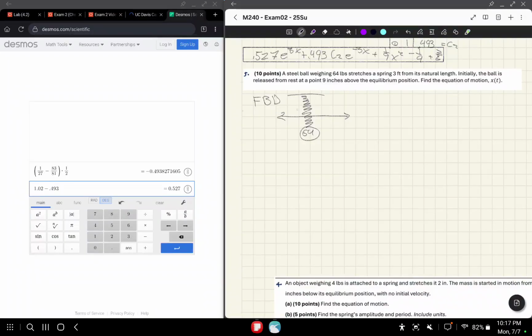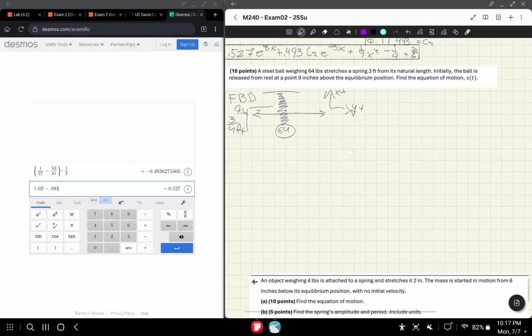We have the IVP, so let's set the axis. This is positive, negative, so this will be a negative IVP. It is 9 inches above, which is 3/4 feet. So that will be the IVP for the spring equation.